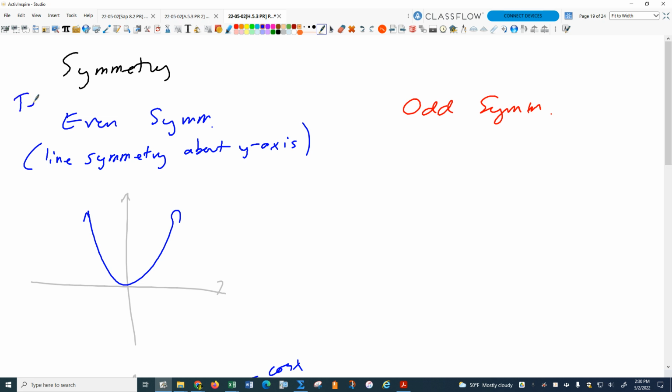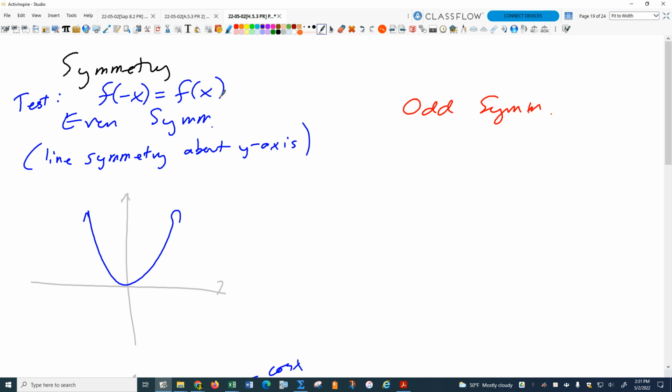Our test for even symmetry is just this. If I substitute negative x into the function and it doesn't change the function, then that's even symmetry. You can always apply that test, and it's always pretty easy to do. We'll come back to some examples in a second.